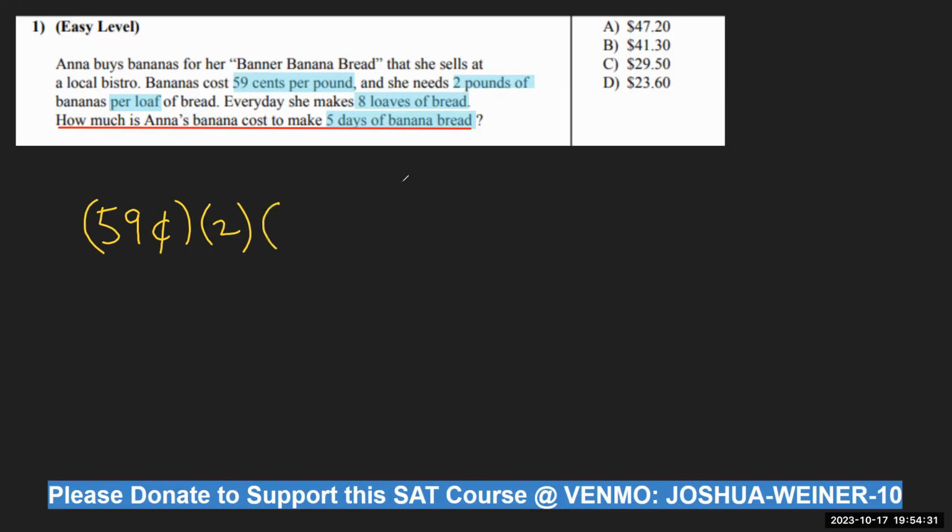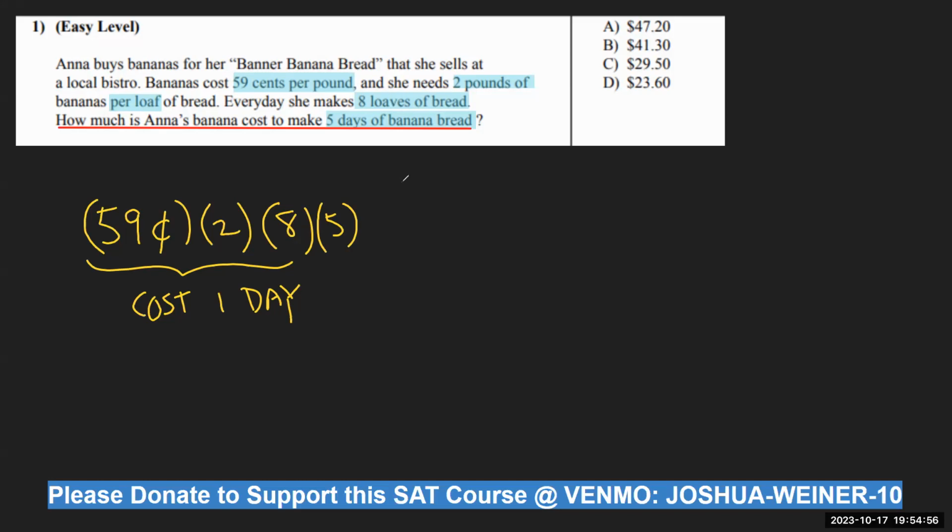But we're going to also multiply that by 8 because she makes 8 loaves of bread per day. So this would be the cost for 1 day. The writer, however, wants to know how much it would cost Anna to make 5 days of banana bread for her bistro. So we also have to multiply it by 5.